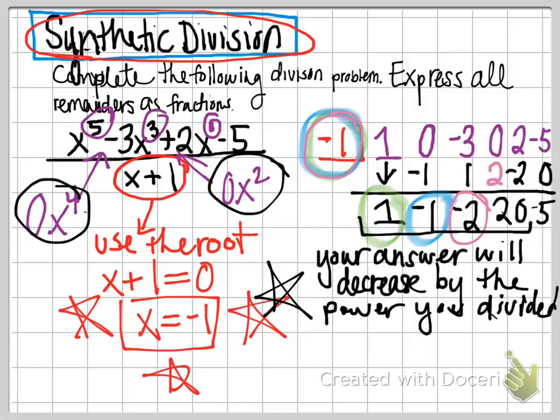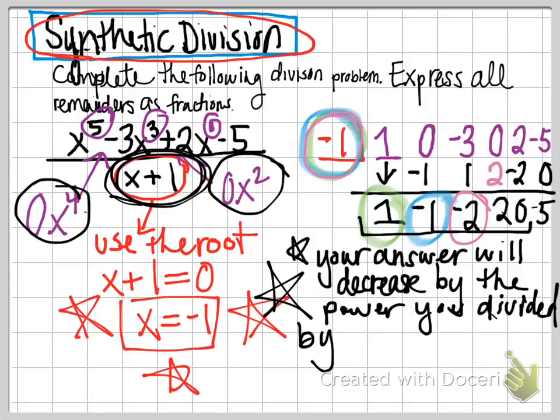Let me make sure that you understand what I'm saying. Because we divided by an x plus 1 here, right, the answer is only going to go down by 1 power of x. If it was an x squared that I was dividing by, then it would go down by a power of x squared, right? So since it's an x, I know my answer is going to start with an x to the 4th because my top numerator had an x to the 5th, right?